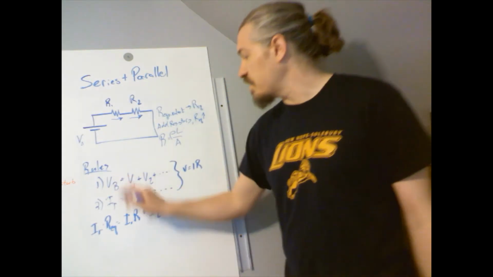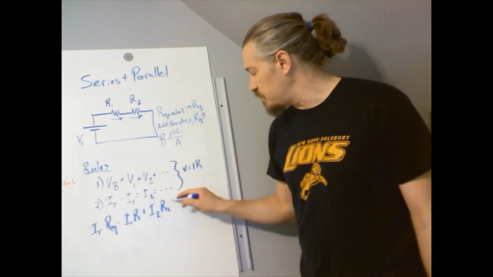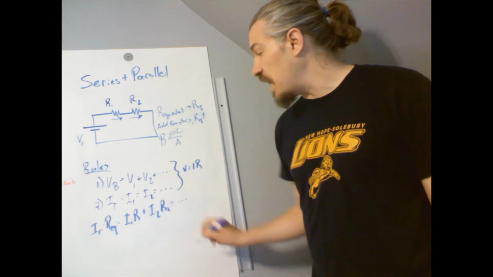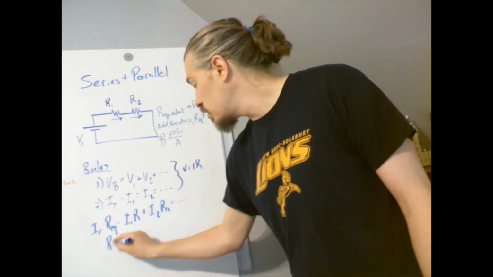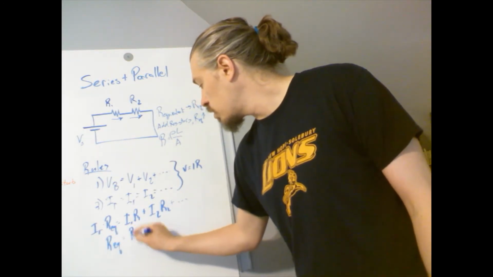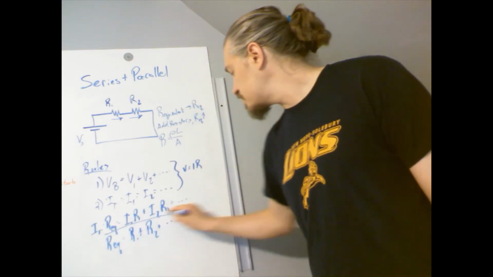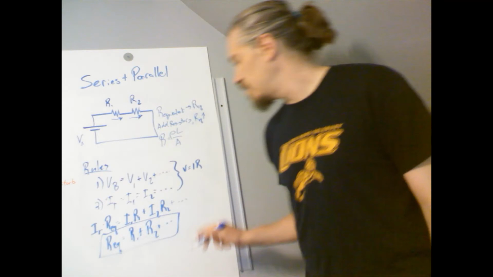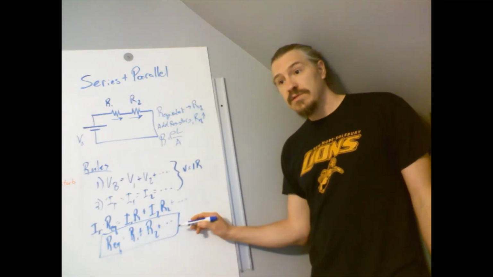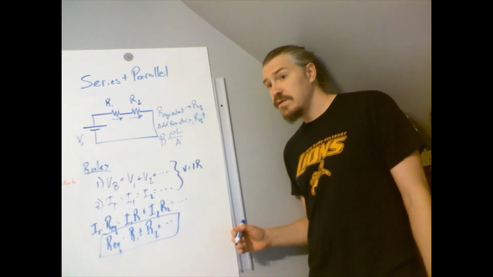You can see that's coming from V plus V plus V. But all these I's are the same. So we have this total resistance is the sum of all the resistors. That's an important idea.